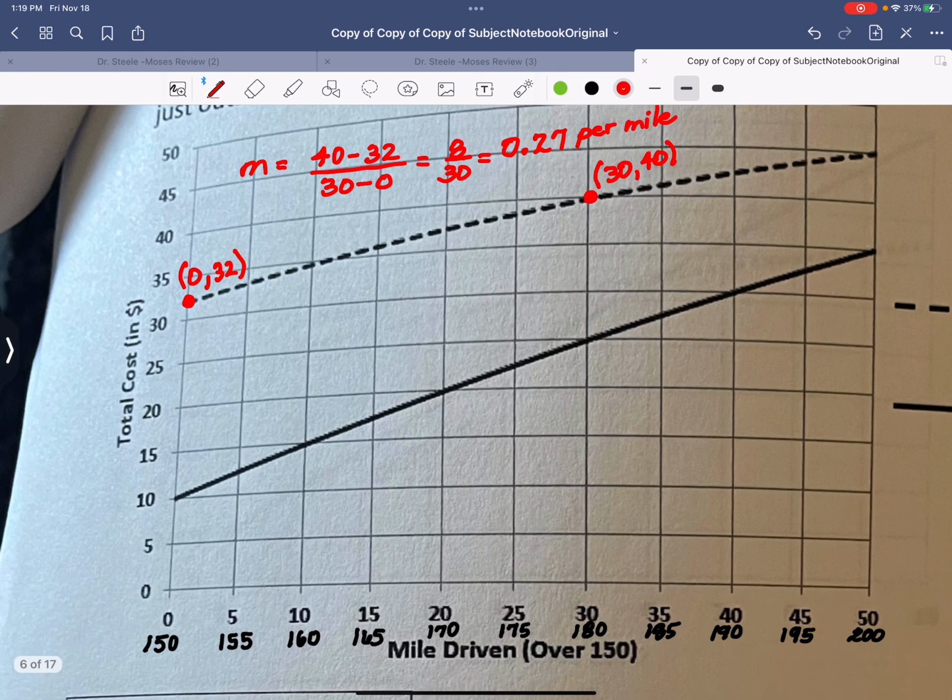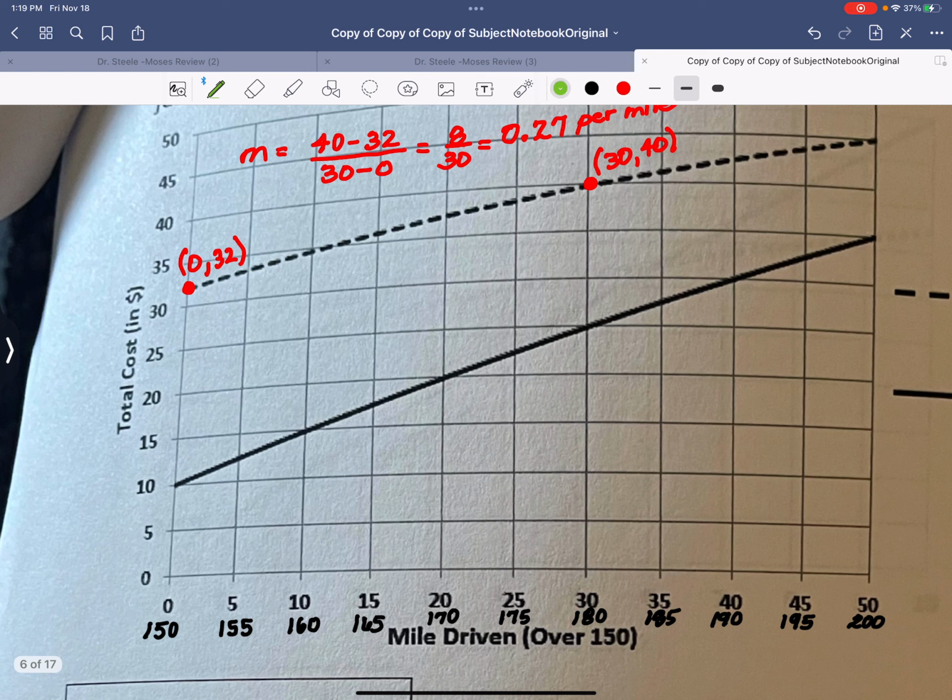And then down here, let's do the same thing. Let me get a different color. I'm going to use the intercept, which is at 0 miles, $10. And here's one that's close. Let's just use 10 and 15.